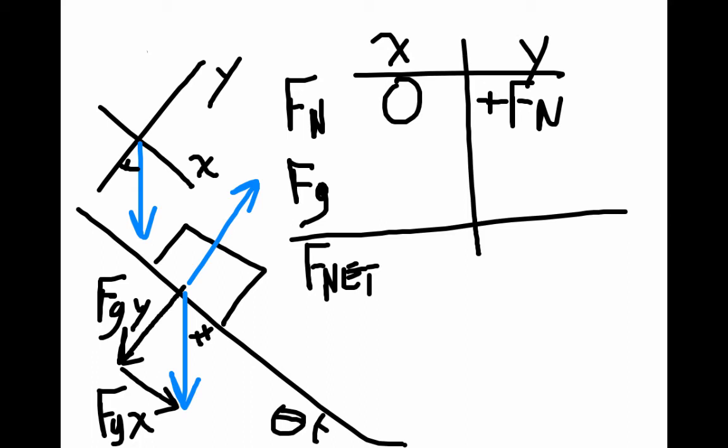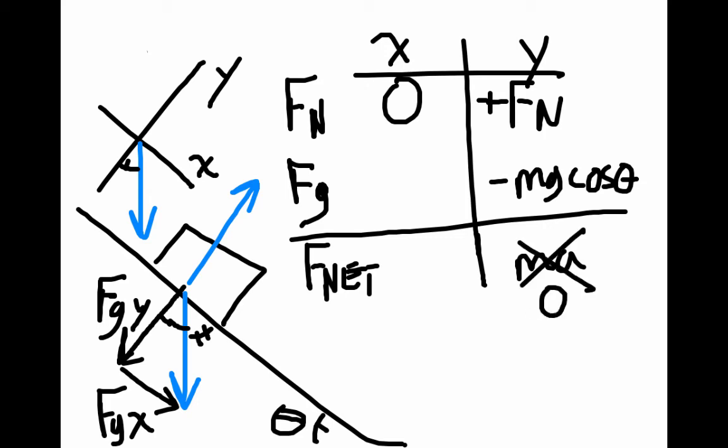Going back to my xy plane there, what I can say is that there is a force of gravity in the y direction. It's negative mg, and look at your trig. There's the angle of the hill. Mg looks like it's cosine since it's adjacent. And since the object is not accelerating in the y direction, we can make sure that this ma cancels to 0.